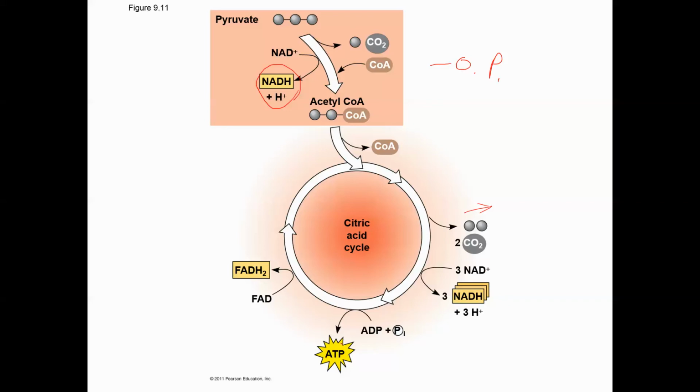We're going to make another ATP through substrate level phosphorylation, and we're going to produce a new type of electron shuttle called FADH2, which is a reduced form of FAD. Then the last product of this reaction is going to be part of the reactant in the next round, which is why the citric acid cycle is indeed a cycle.